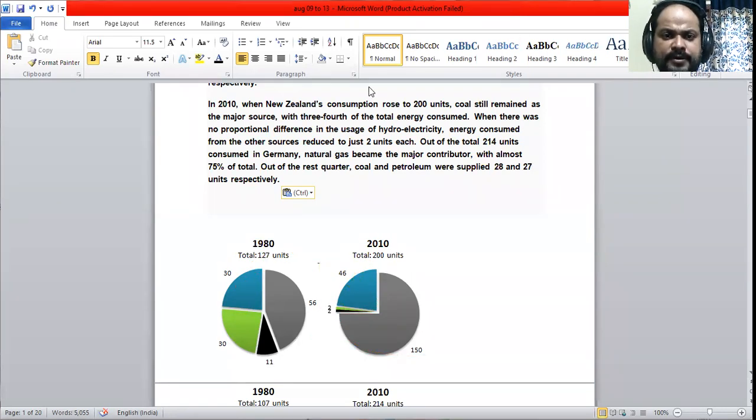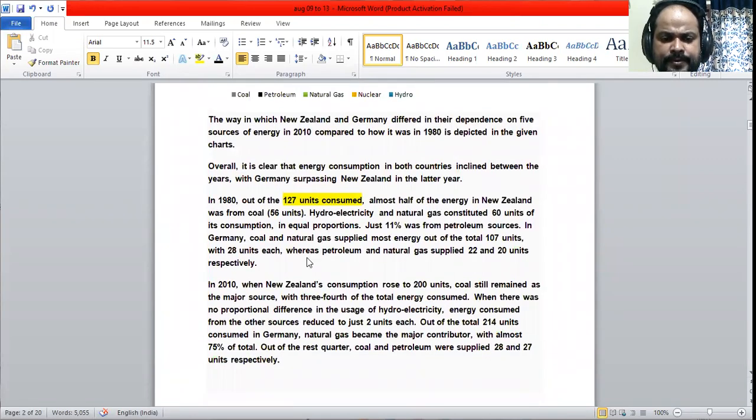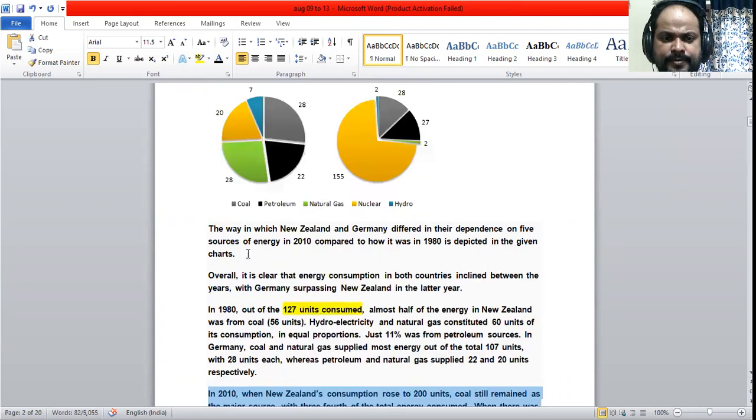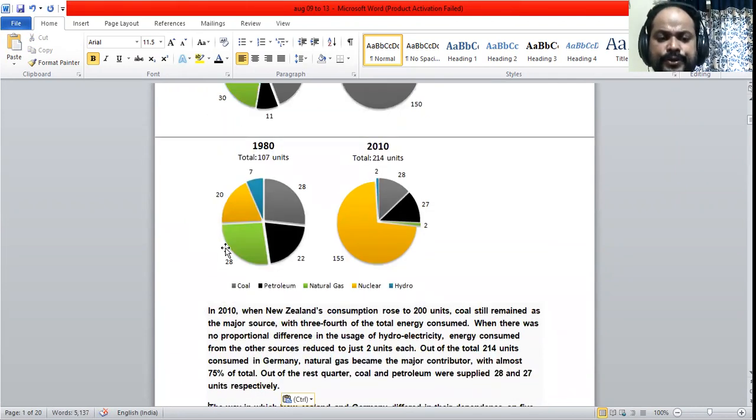I have to look at the latter area. In 2010, out of the total, this is the part we are going to see.